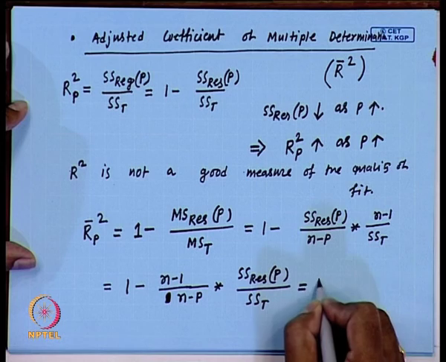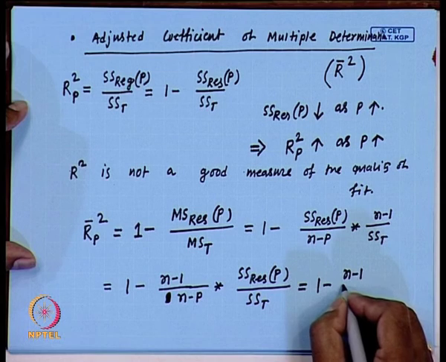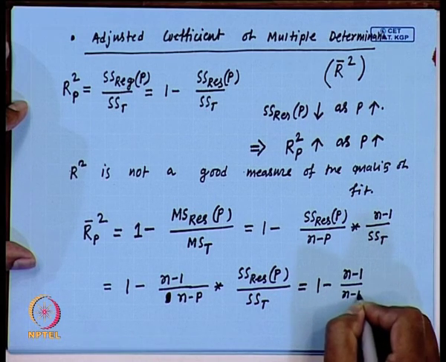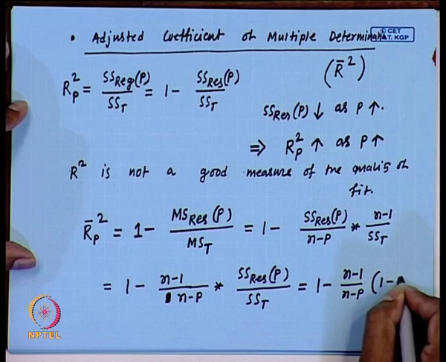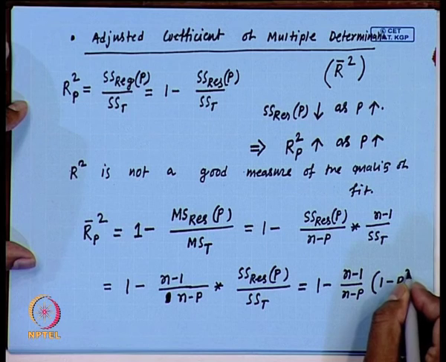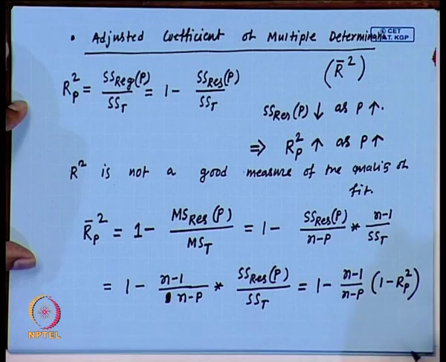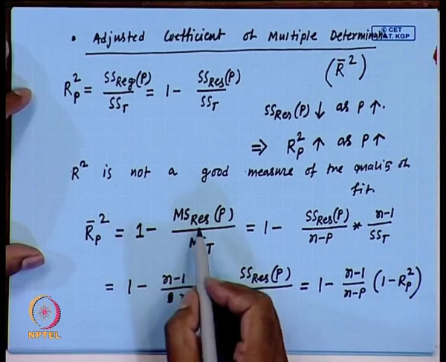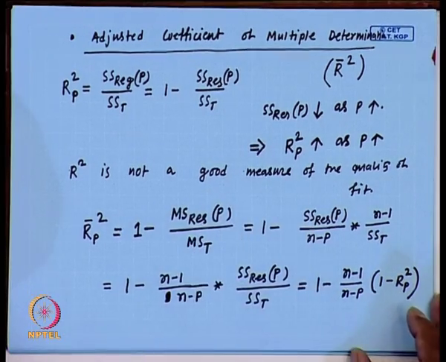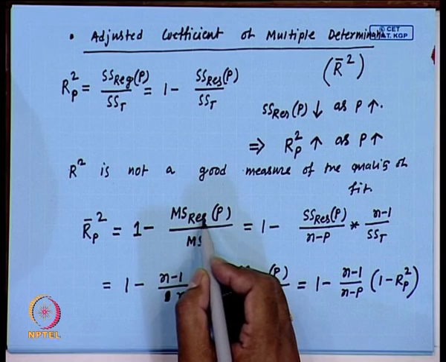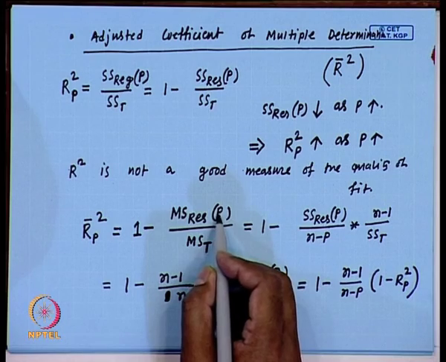So, this can be written as 1 minus n minus 1 by n minus p into 1 minus R p square. And since here we have replaced the SS residual by MS residual, as I said before, MS residual will not necessarily always decrease as p increases.